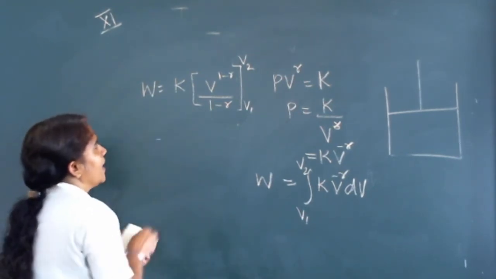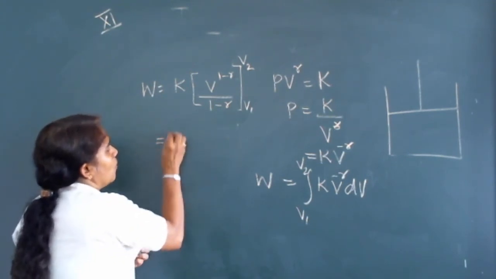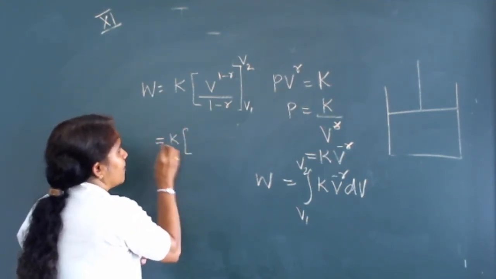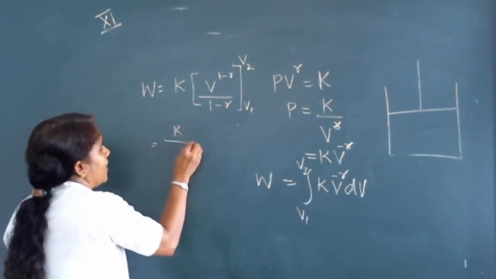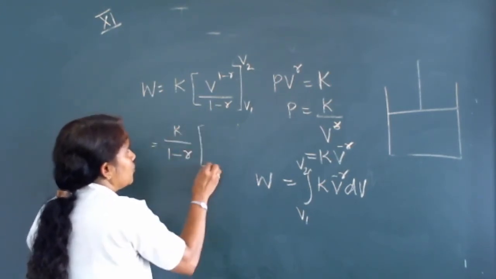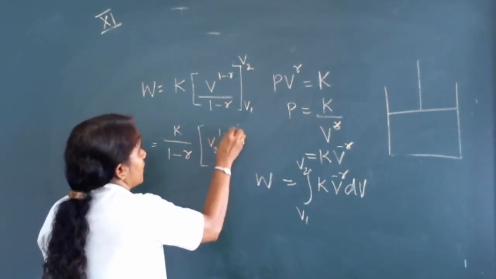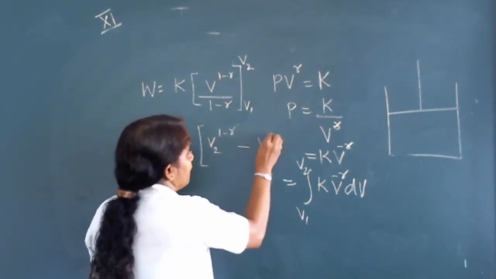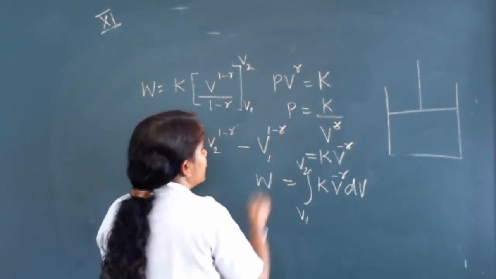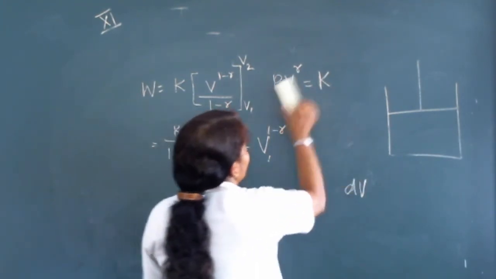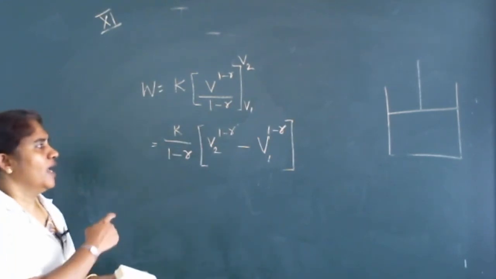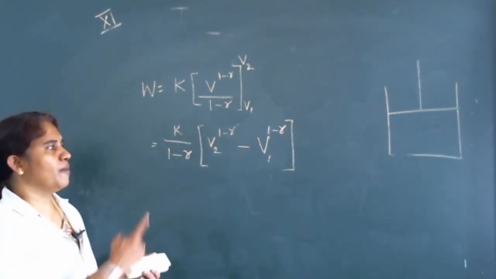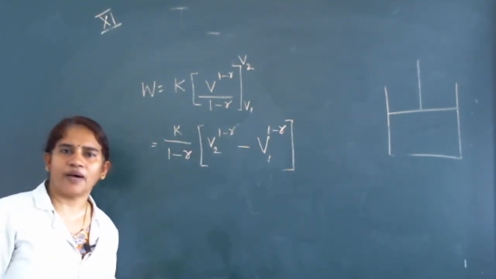So, it will be K divided by 1 minus gamma, into V2 raised to 1 minus gamma minus V1 raised to 1 minus gamma. Again, we are going to make some modifications to get a convenient format.